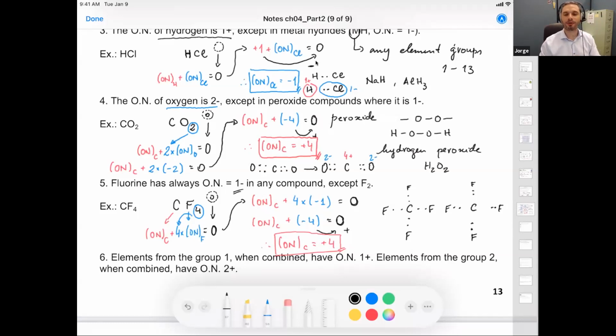And the meaning of that is that fluorine likes to pull the electrons close to it when there is a covalent bond. And that's the meaning here of the charge 4 plus and the charge 1 minus for each fluorine, okay?